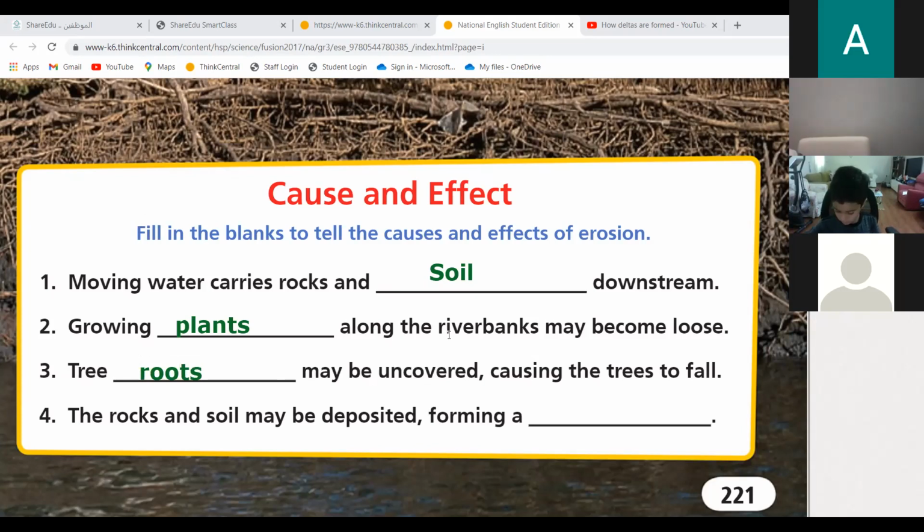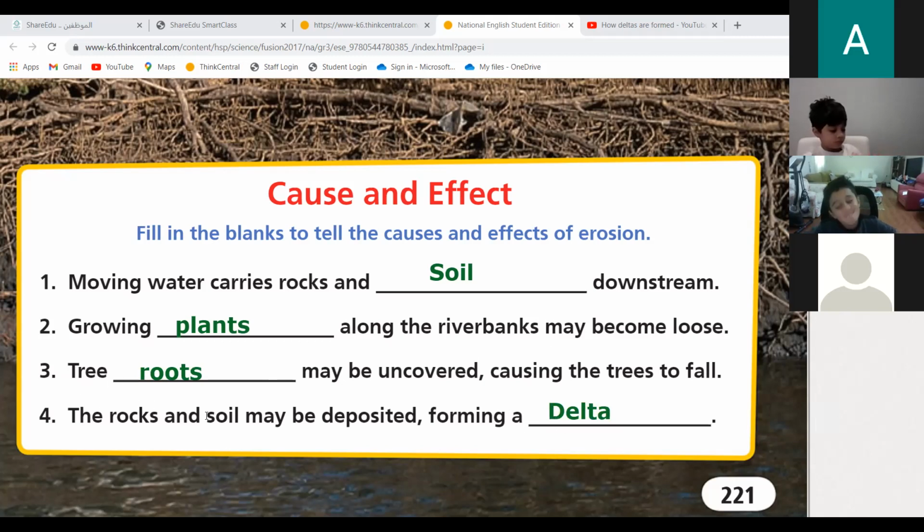Then finally, the rocks and soil may be moved. That means they change their position. What will they form when they change their position? Delta. That is what we were talking about today.